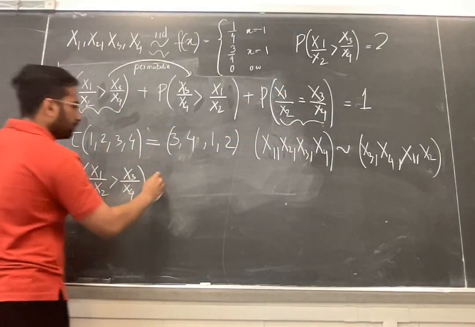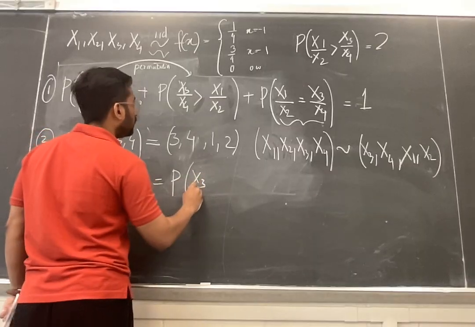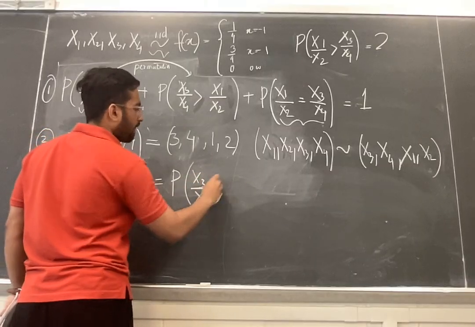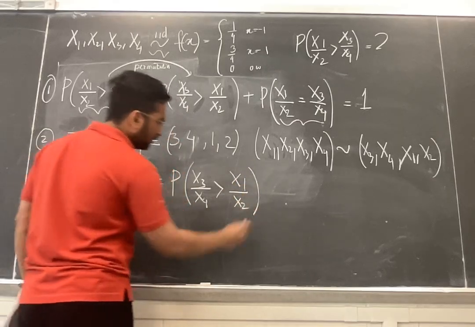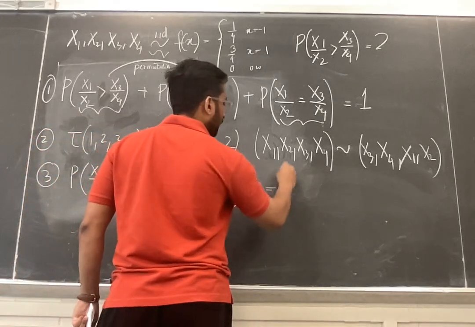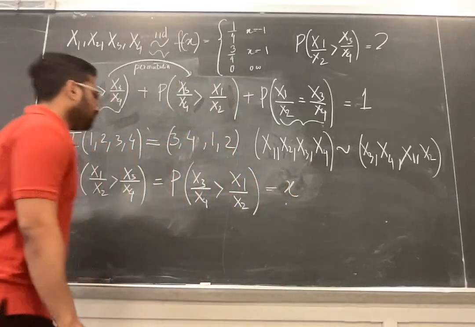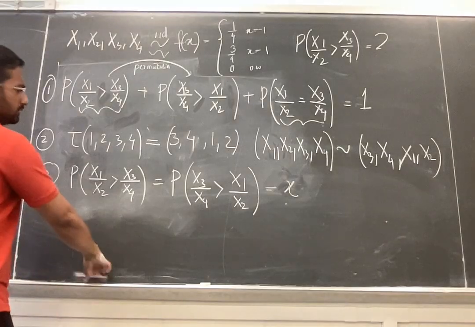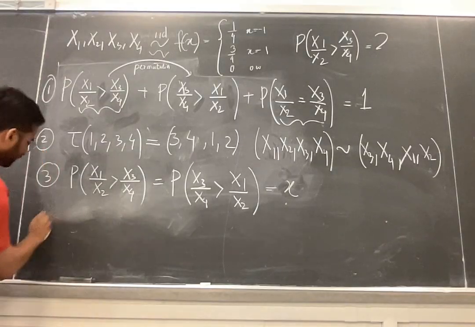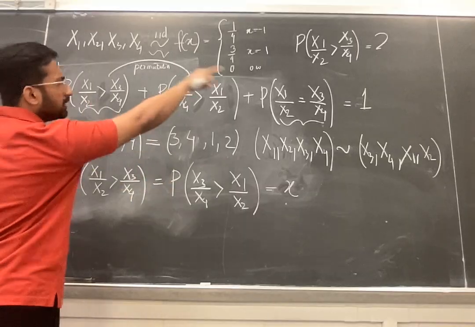So this is nothing but the probability which we are required to find out. Let's call it lambda or x. Whatever we don't know is x. So let me write it down. Since these two are equal, we get this plus this is equal to 1.